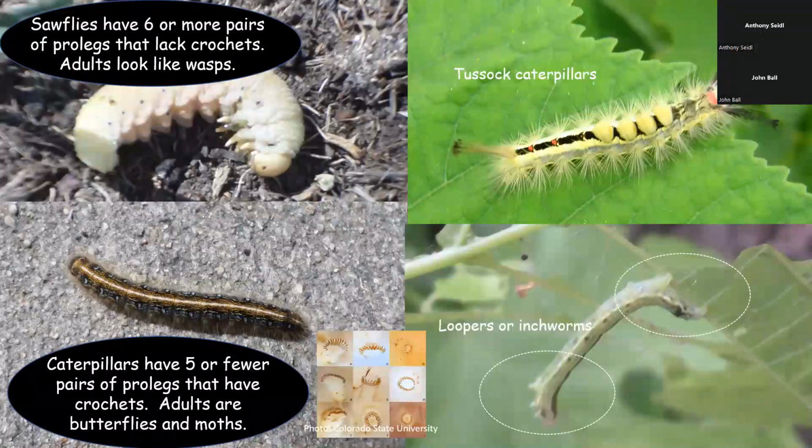I should also mention some of the differences. If you take a look at sawflies and our caterpillars, they do look very similar, but they are completely different insects. The sawflies are Hymenoptera. They are related to the wasps. And you'll notice that upper picture shows what we call 3 pairs of thoracic legs.